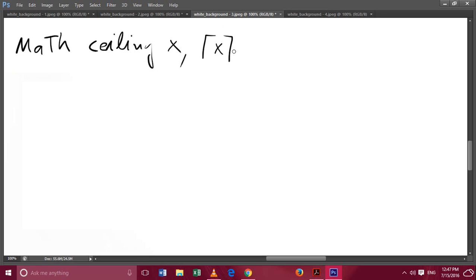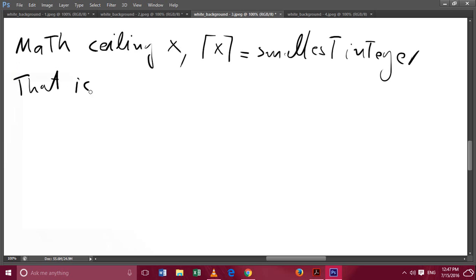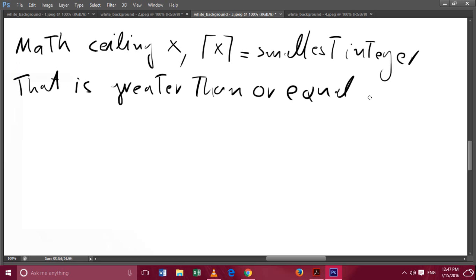Now, the ceiling in mathematics of a number is defined as the smallest integer that is greater than or equal to x.